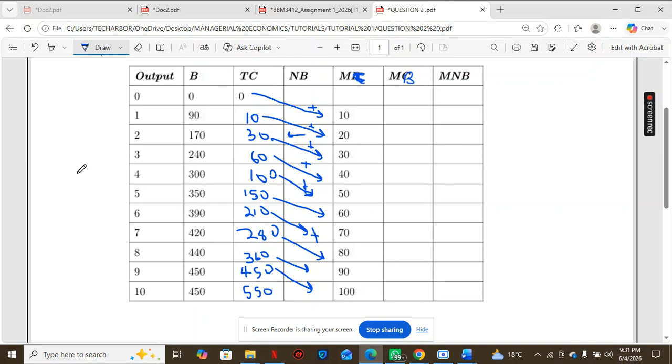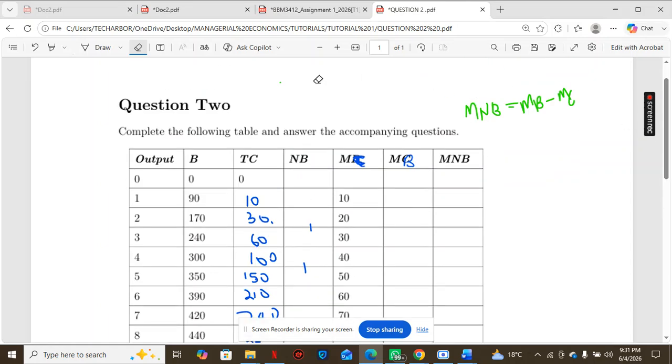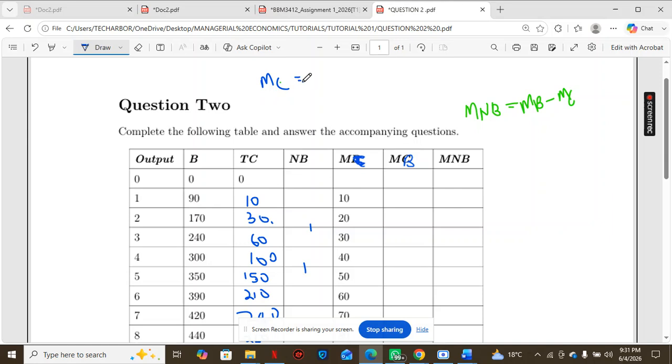And we can prove that these total costs are correct. Let me just illustrate. Remember how you get the marginal cost? Marginal cost is a change in total cost over change in output, which means the new total cost T2 minus the old total cost T1 over Q2, the new quantity, minus Q1, the old quantity.